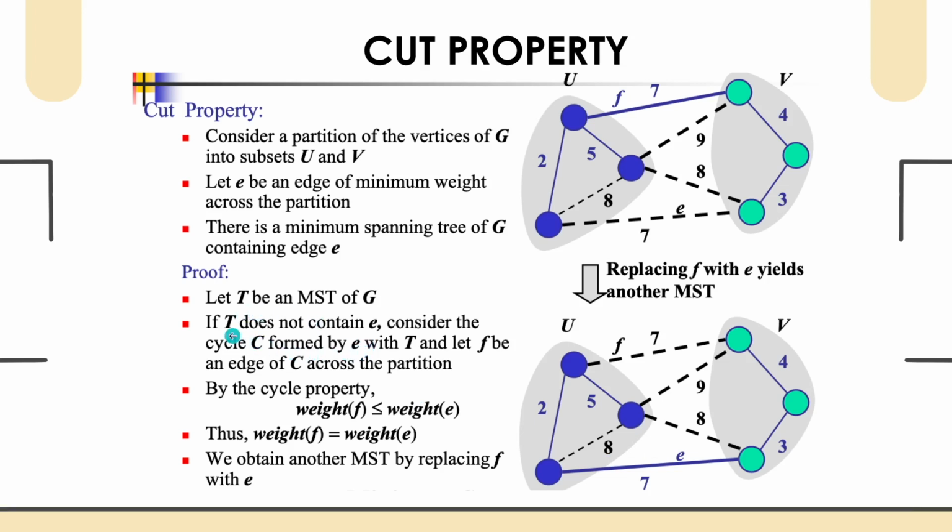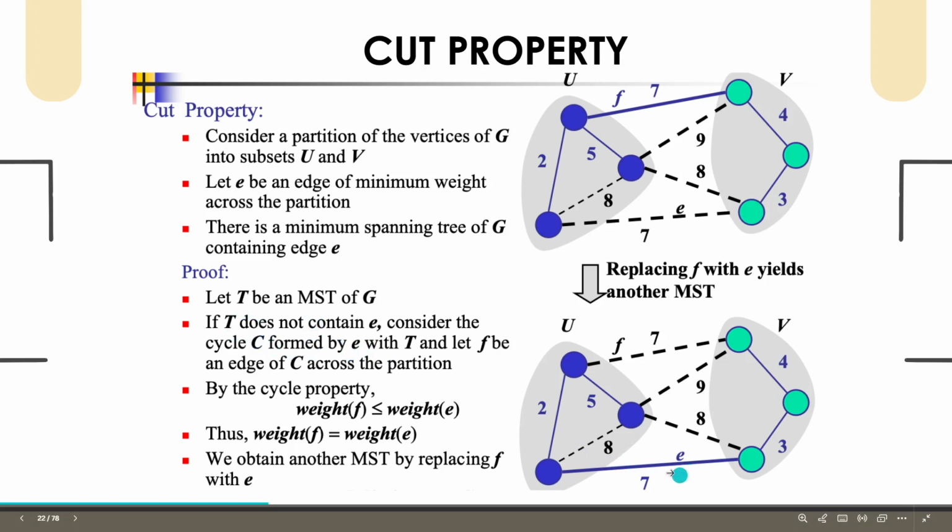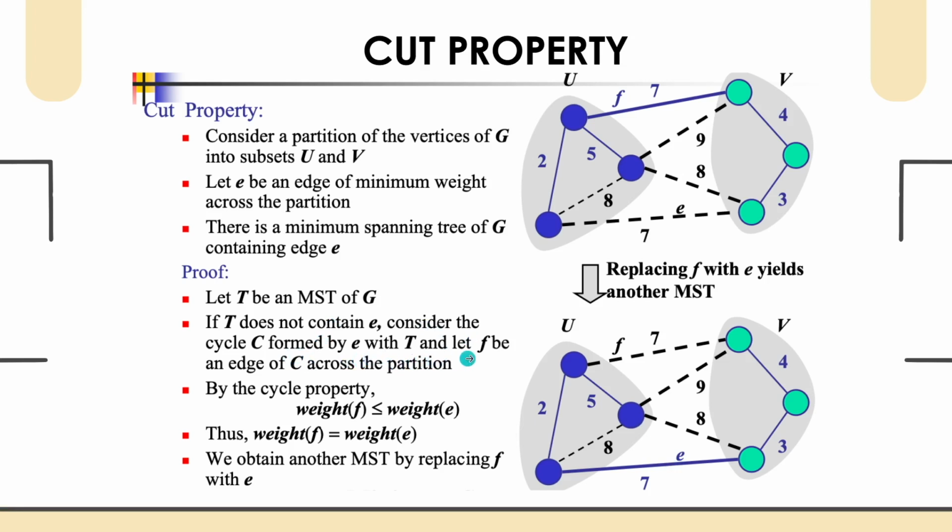Let us say that T does not contain the particular edge E, in our case let us assume this to be E, and consider that a cycle C is formed by E with T, and let F be the edge of C across this partition. This is our F here.